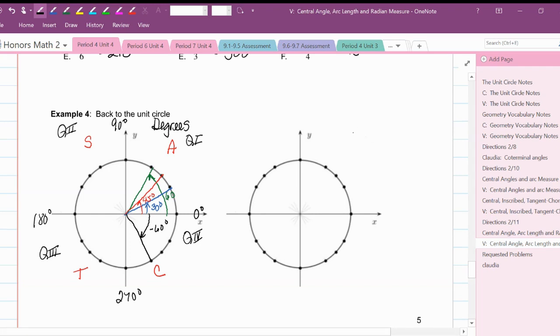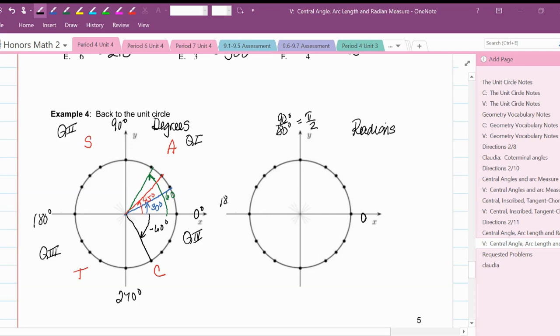Now we can create the same unit circle with our radian measure. This is still 0 radians, but this would be 90 over 180, which is pi over 2.